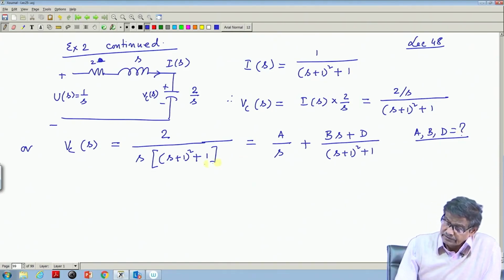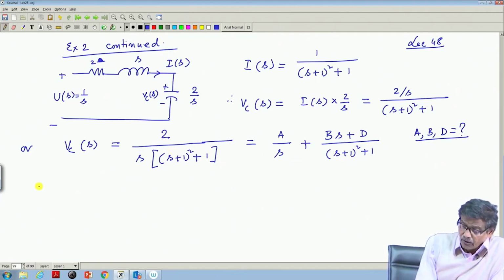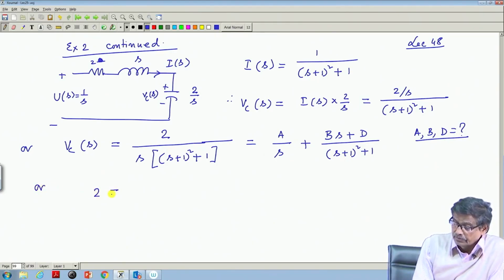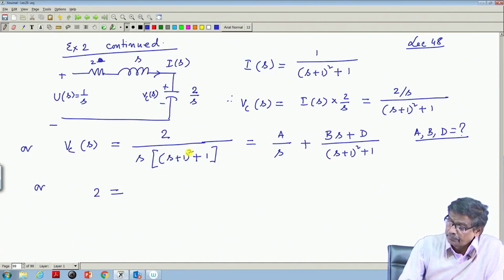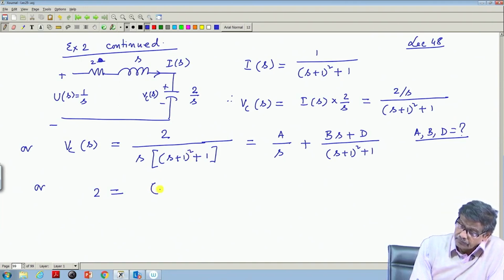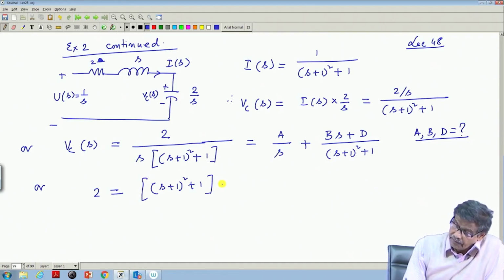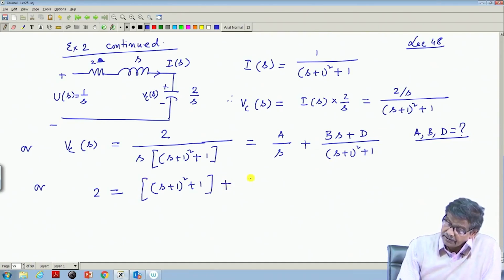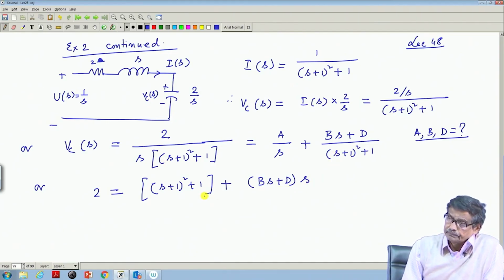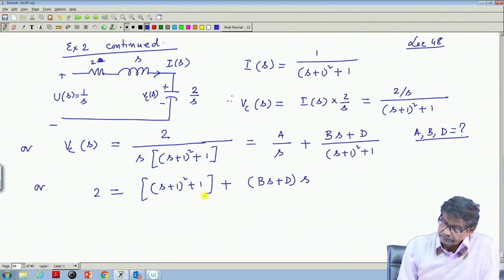You multiply both sides with this denominator, so you will get 2 is equal to A into (s plus 1) whole square plus 1, this s cancels out, plus (Bs plus D) into s only, because this factor and this factor will go. So this is the situation.